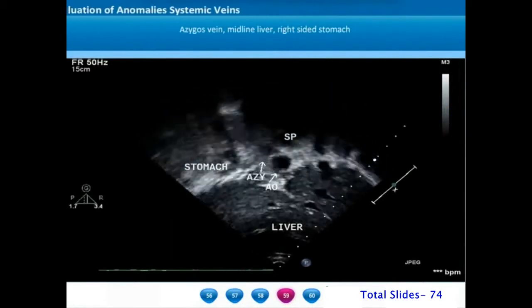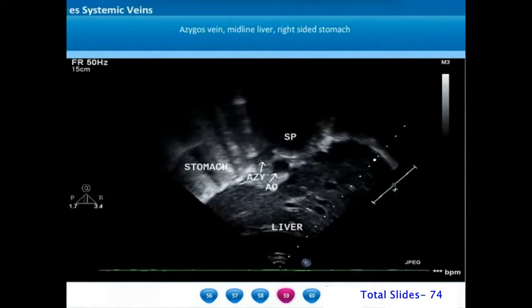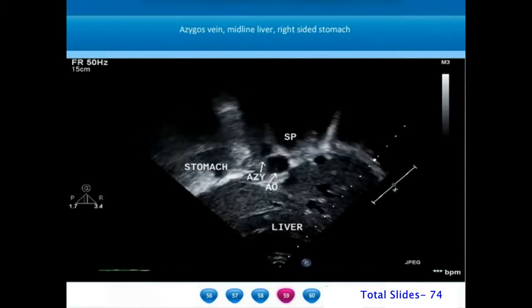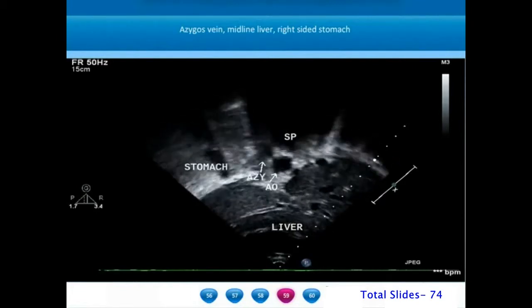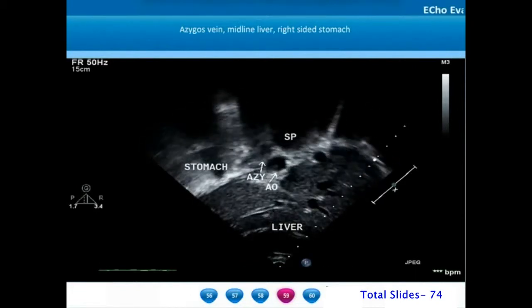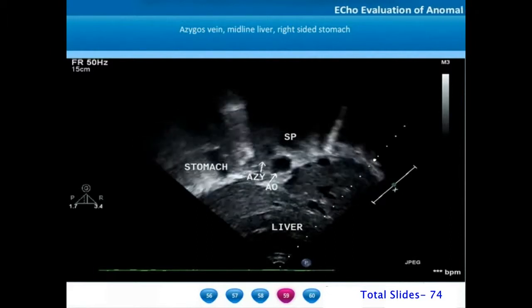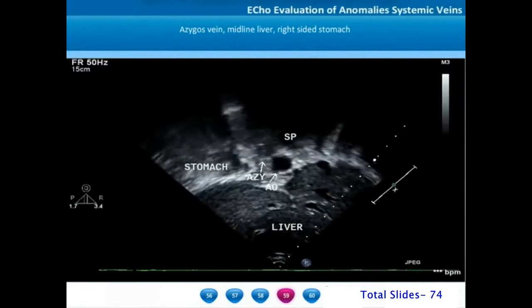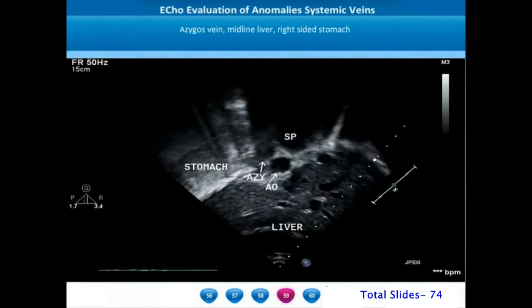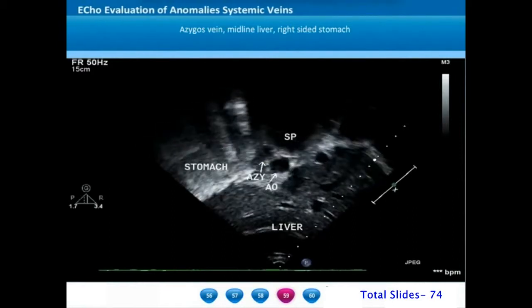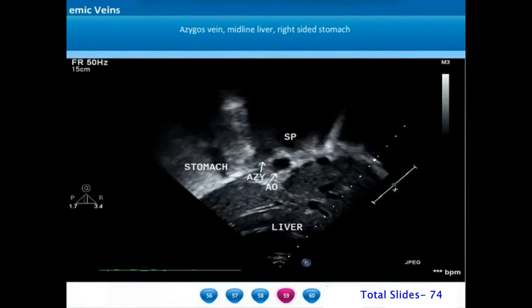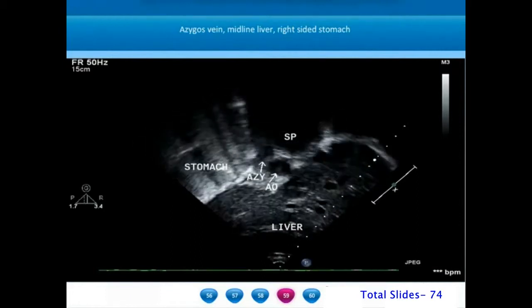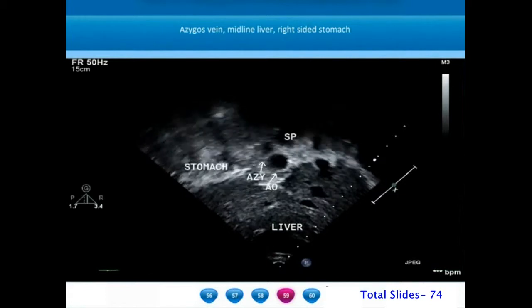The way to identify an inferior vena cava, in contrast to the azygous vein, will be the position of the venous channel in relation to the abdominal aorta. Inferior vena cava will be anterior to the abdominal aorta, whereas azygous vein will be posterior to the abdominal aorta. We can notice in this subxiphoid view that the azygous vein is on the right paravertebral gutter.